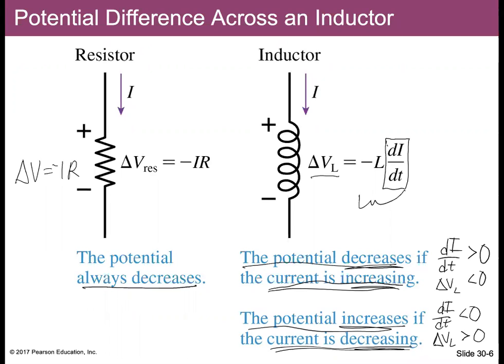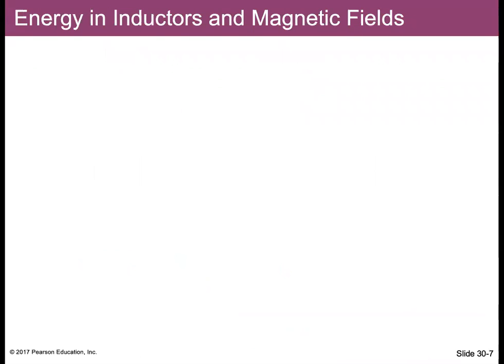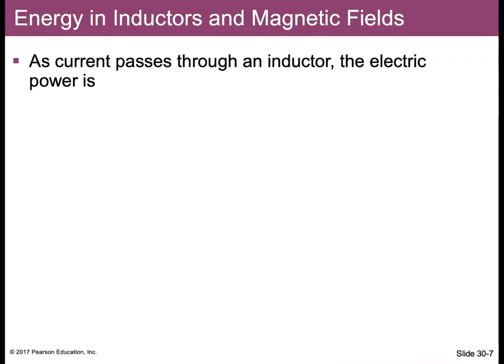So let's now look at the energy in the inductor. As the current passes through an inductor, the electric power, as we remember, is P equals IV.